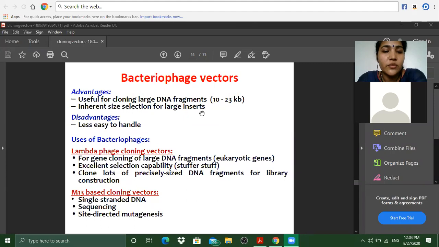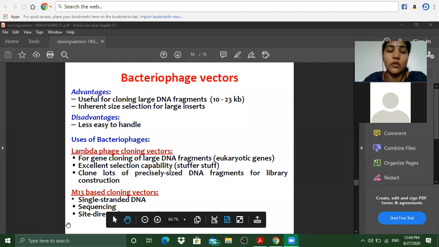Then M13-based cloning vectors are used for single-stranded DNA sequencing and site-directed mutagenesis. Those are the uses they have mentioned here, the advantages and uses of M13-based cloning vectors, and these are for the lambda phage cloning vectors.